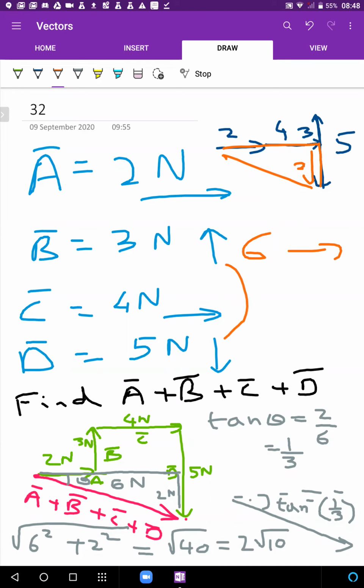Somebody is pushing down by 5, somebody is pushing up by 3. Cancel, okay, what will prevail? 2 downwards will remain at the end. Can we see that orally as well? You know? So adding all these vectors, isn't that just like adding 6 and 2? 6 towards right, 2 downwards. By triangle law, that's going to give me root 40.